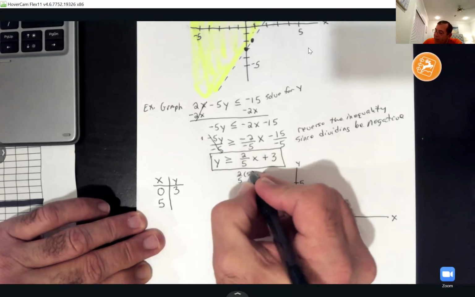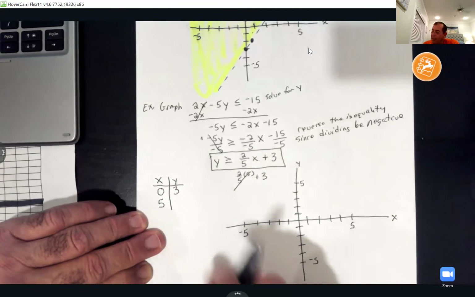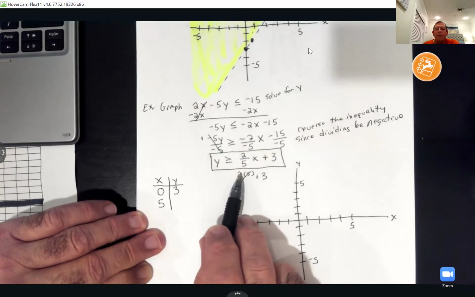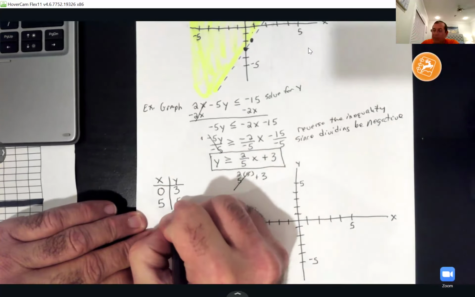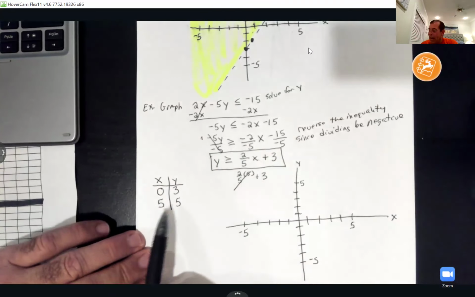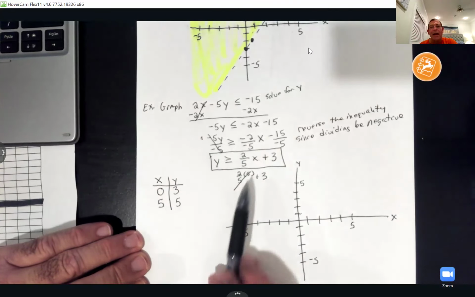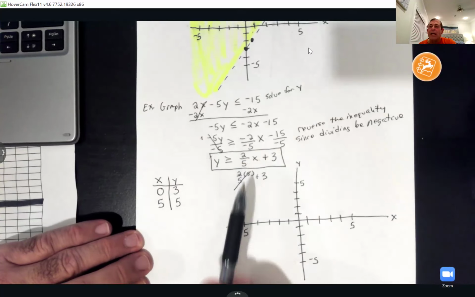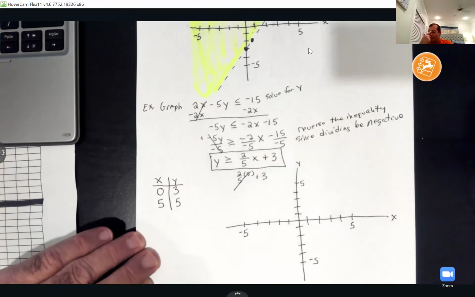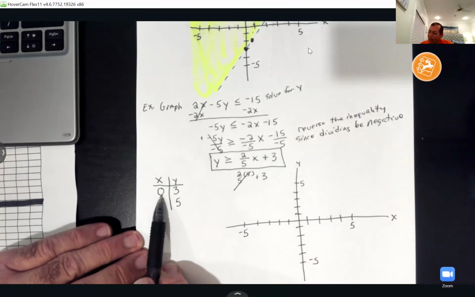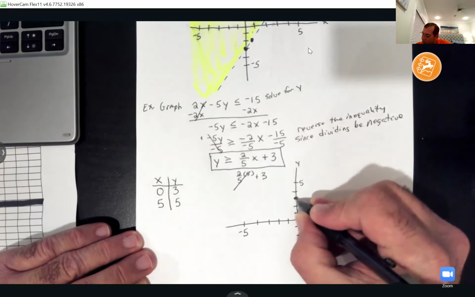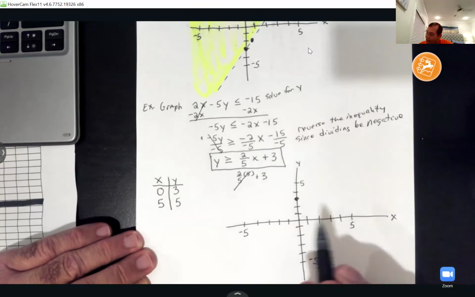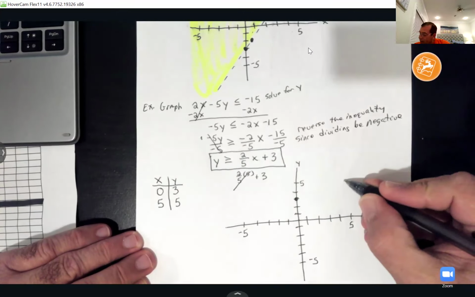Well, y'all, them 5s cancel, making a 1. 1 times 2 is 2. 2 plus 3 gives me 5. I want to plot nice whole numbers. I don't want to plot anything that looks like a fraction, okay? All right, y'all. So we got 0, 3. So 0, up 3. I got 5, 5. Right 5, up 5.